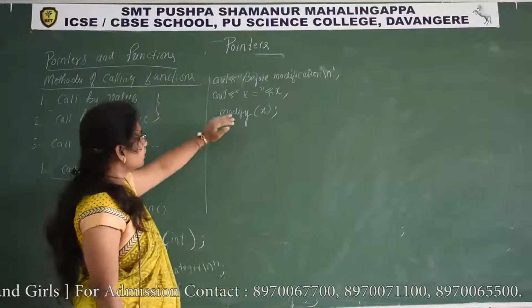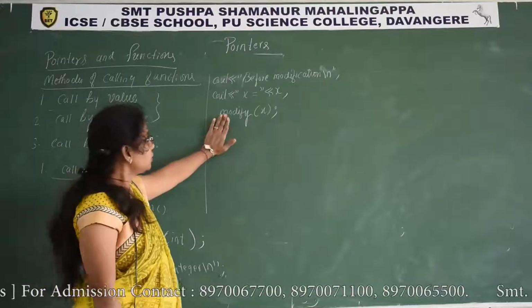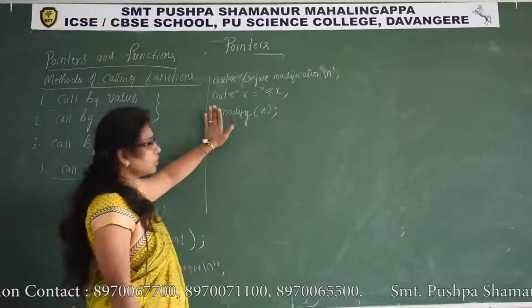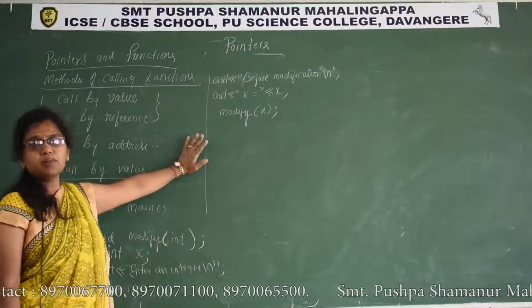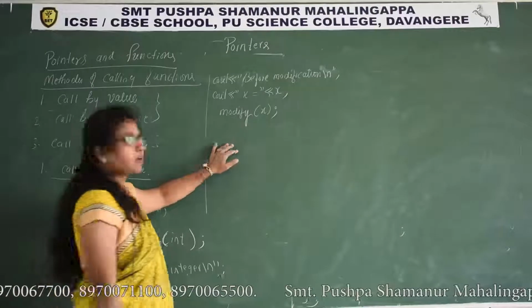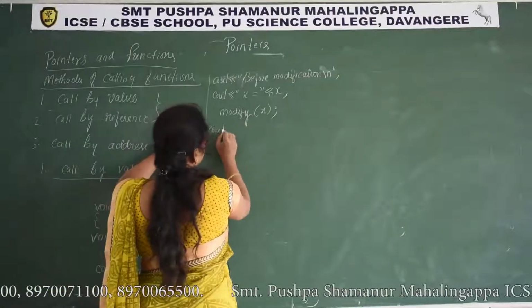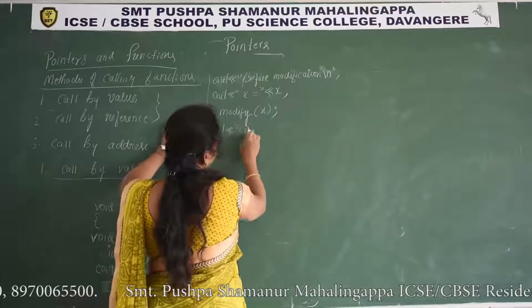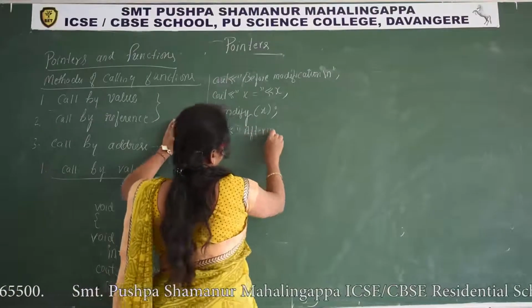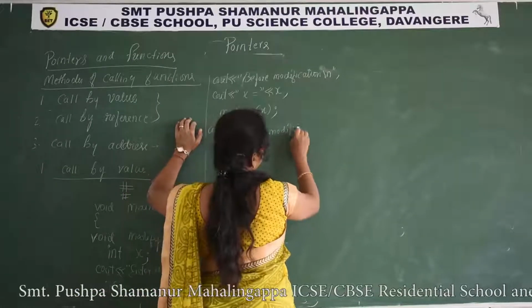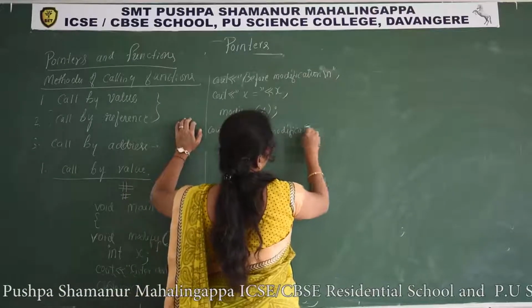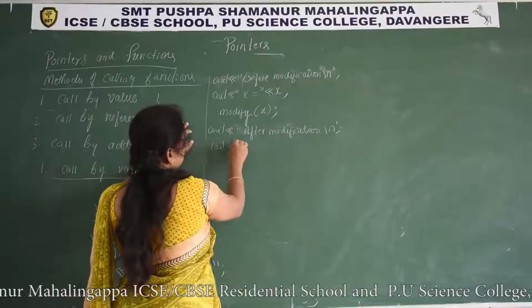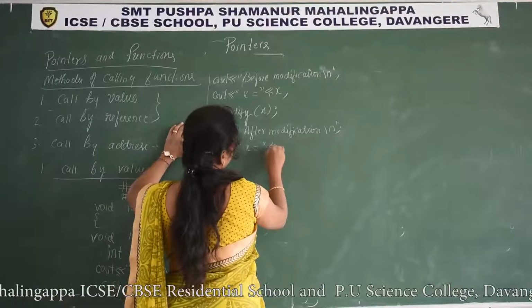This function modifies the value of x, so after execution of this function the value will be modified. Let us display the modified value: cout x is equal to, so I will write after modification, cout x is equal to x.